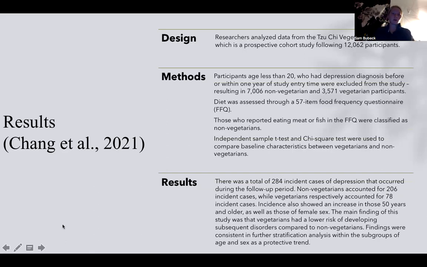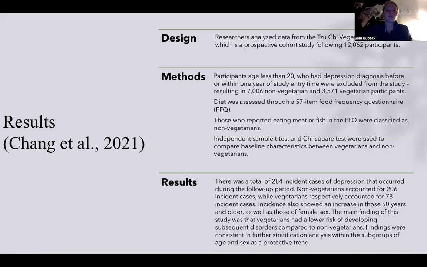And touching on research that's more recent, we have Chang, as well as other authors, in 2021. The research design: researchers analyzed data from the Taiwan Chinese Vegetarian Study, TCVS, which is a prospective cohort study following 12,062 participants, quite large.